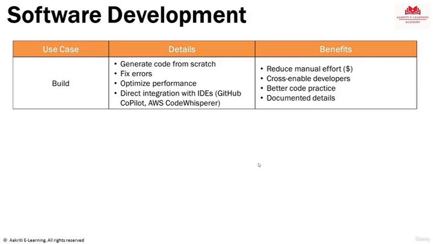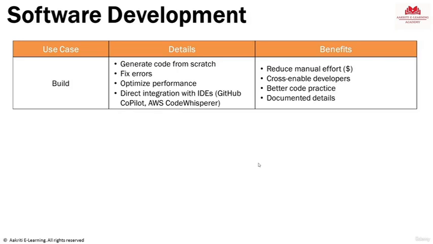And lastly, for all the above ideas, you do not need to go to GPT or any other LLM. There are companies like GitHub and AWS that have created their own what we call code companions. So there are utilities like GitHub Copilot, AWS CodeWhisperer, and you can integrate them directly into your IDE and you would get recommendations right away on what should be the code, what is the error, those sort of things.